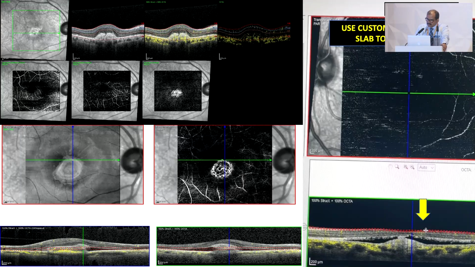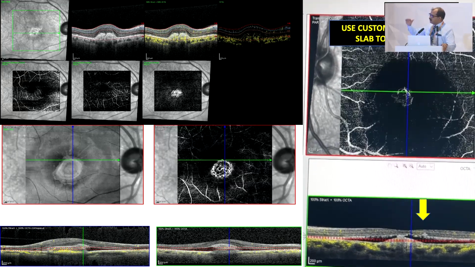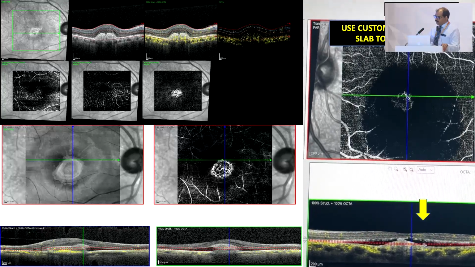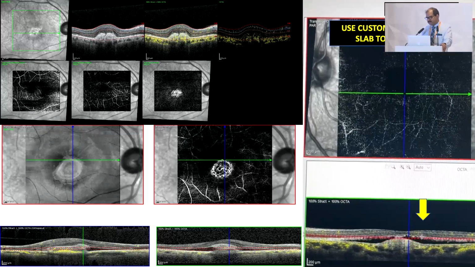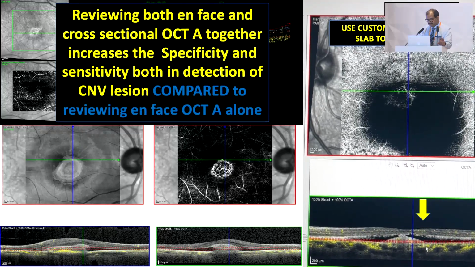In macular degeneration patients, the retinal architecture is very much disturbed, so you have to sit on the machine and do your analysis using these segmentation slabs on your own. You cannot depend on any other person, whether it is a technician or any other ophthalmologist, to decide what is happening inside the machine.